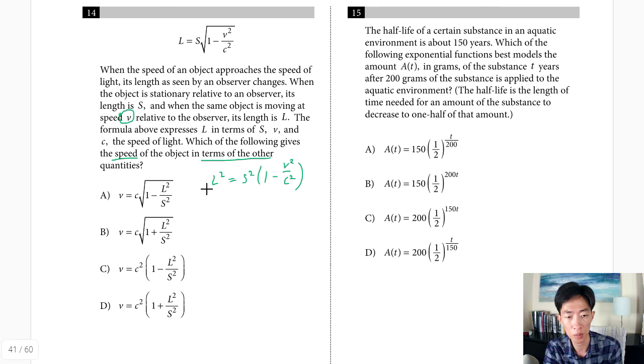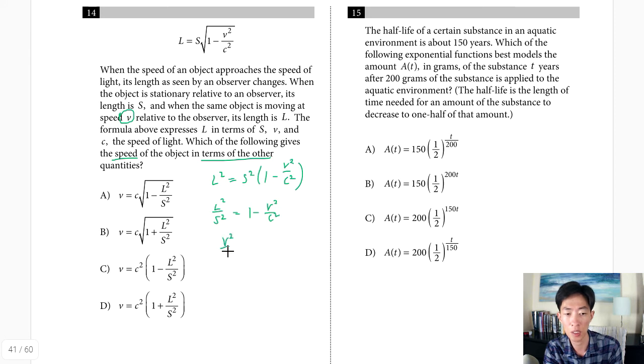Next, I'm going to divide both sides by S squared. So that's going to give me L squared divided by S squared equals 1 minus v squared over c squared. Remember, the goal is to get v squared by itself. So now what I'm going to do is add v squared over c squared to both sides, and then subtract L squared over S squared from both sides. So essentially they're switching places.